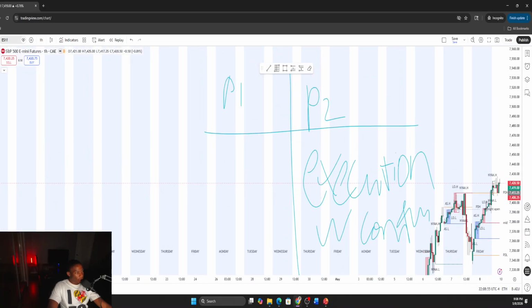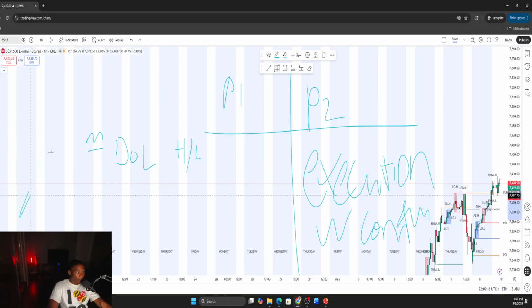And our phase one is going to be our liquidity, right? So drawing our liquidity, drawing on liquidity with those highs and lows, looking for price to take out those levels and then execute. This is a minor part of it.